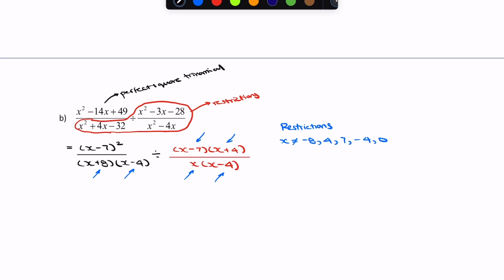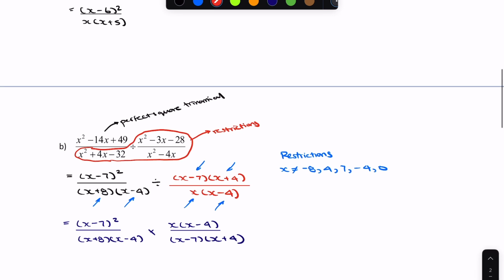So here, we're going to convert it to a multiplication statement. We have x minus 7 squared over x plus 8, x minus 4, multiplied by, flipping the numerator and denominator, x times x minus 4 over x minus 7, x plus 4.